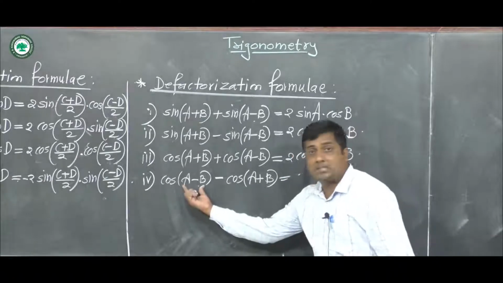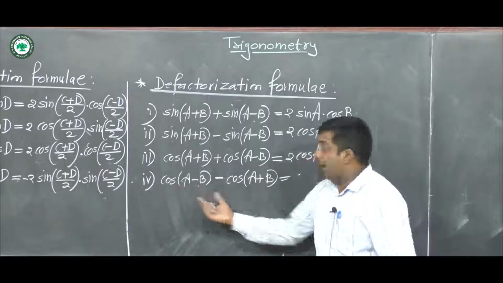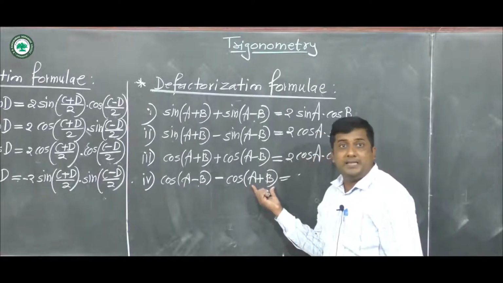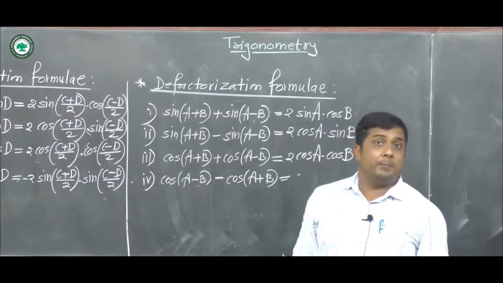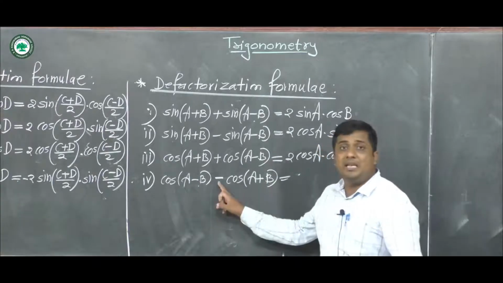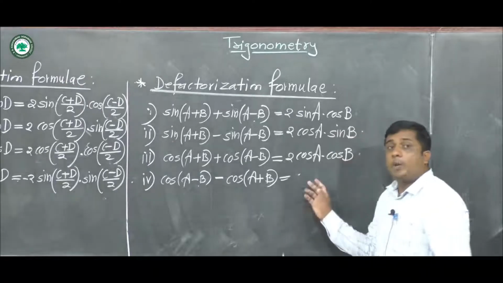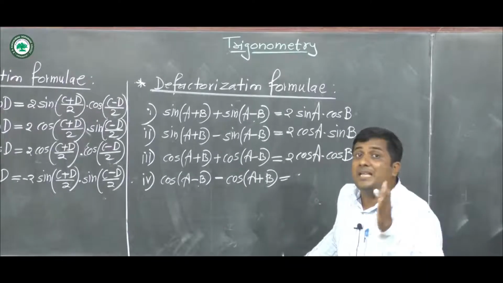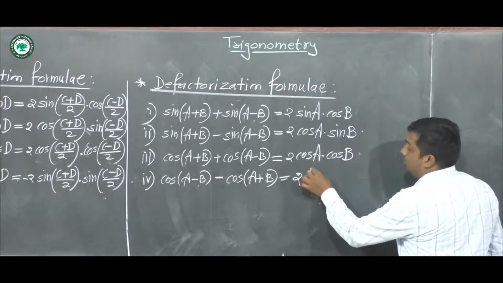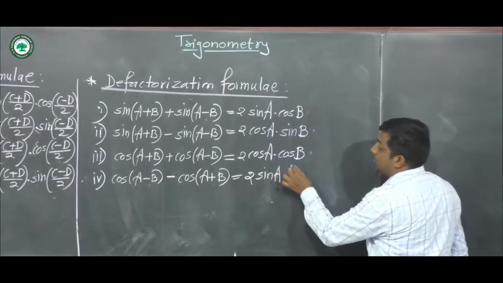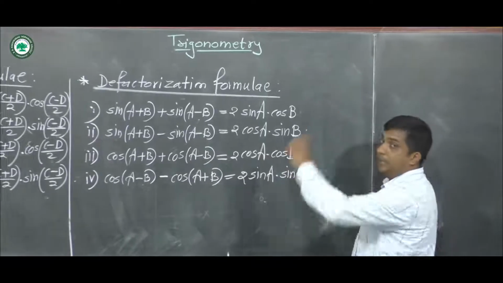In the first, compound angle is A minus B, and in second, A plus B is given, and in between these two, minus sign is given. If we have minus sign in between these two, in the formula we consider 2 sine sine, that is 2 sin A into sin B.